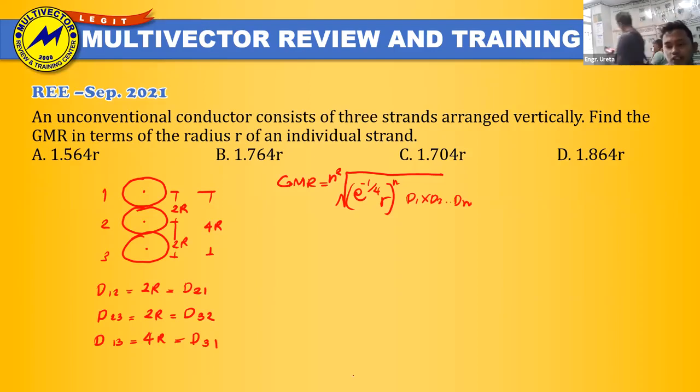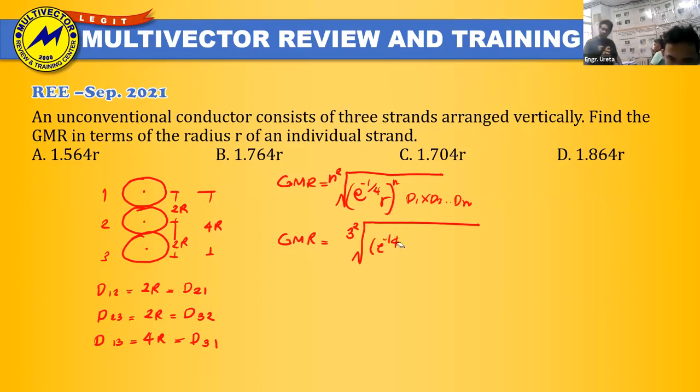Kaya pag kinumpute natin yung GMR dito, our geometric mean radius is just equal to the nth root, nung ating number of conductors, tatlo, so cube root, e raised to negative 1/4 times r raised to n, multiplied by yung lahat ng possible distance combination: D12 and D21, so 2r times 2r.